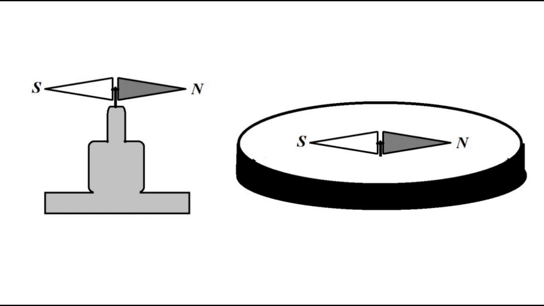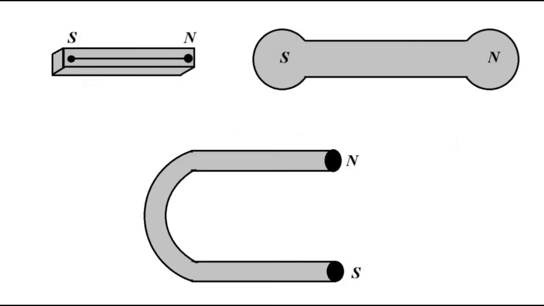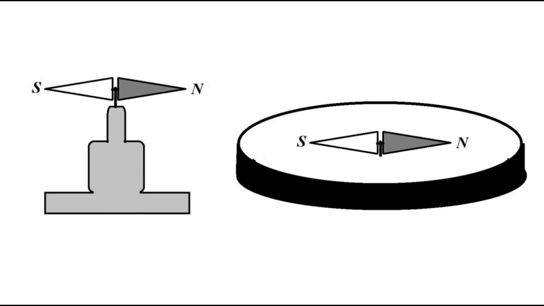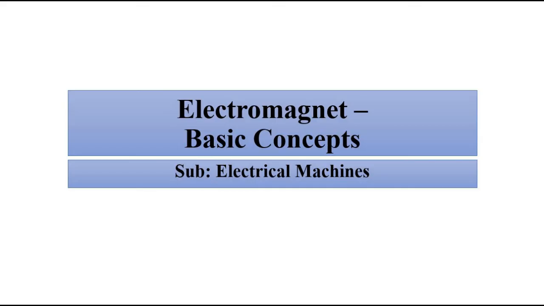These are some of the permanent magnets. Depending upon the requirement and the design of electrical machines, artificial permanent magnets are used in different shapes and sizes. So here we have discussed permanent magnets.